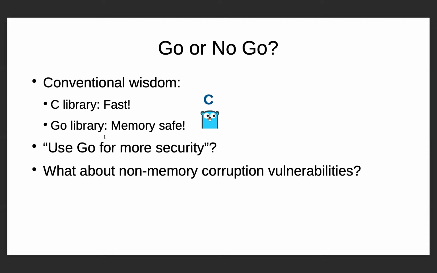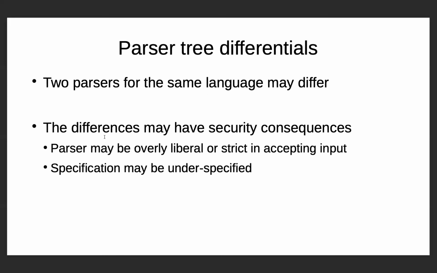But we've asked ourselves, what about the non-memory corruption vulnerabilities, and what if this really holds that we should use the Go version for more security? So this is where parser tree differentials come in. Because we have these two libraries that have been written by independent developers, they will have slightly different parse trees, and those little differences may result in security relevant consequences.